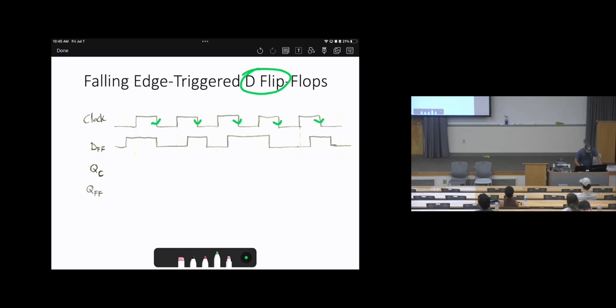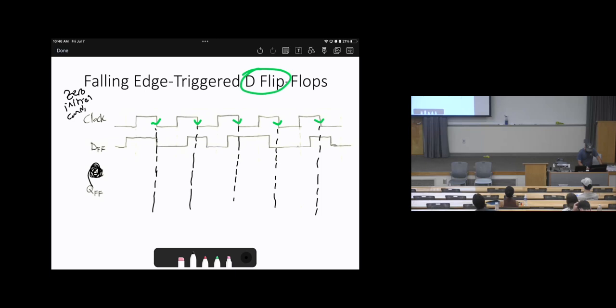So you need to write the guidelines only at these points. Then the rest will be holds. And I'm going to assume an initial condition of 0.